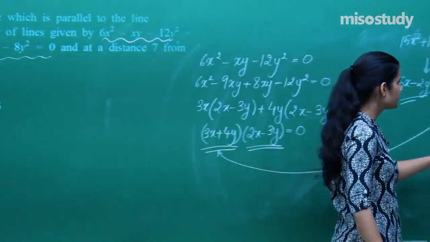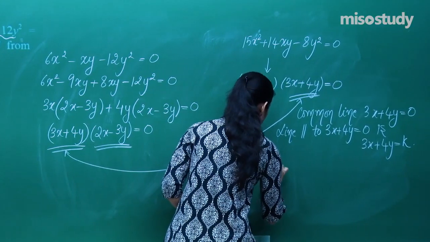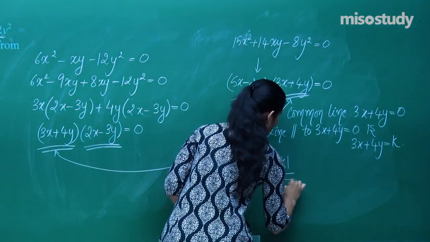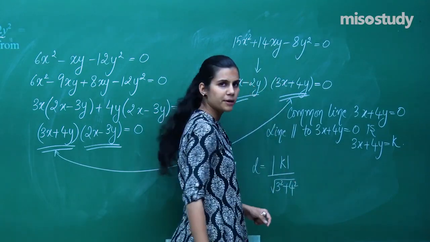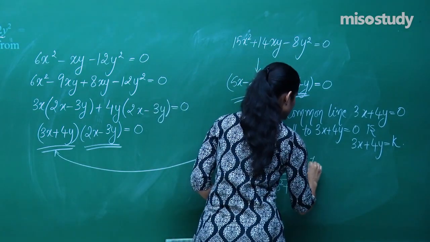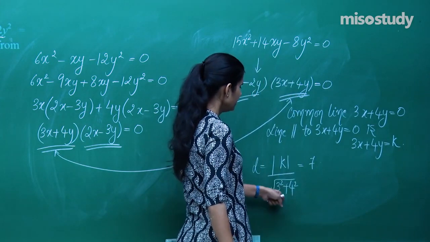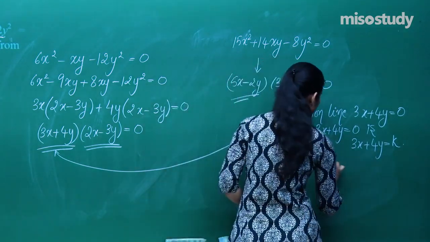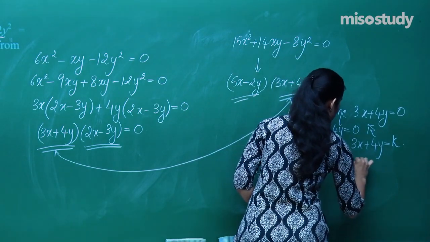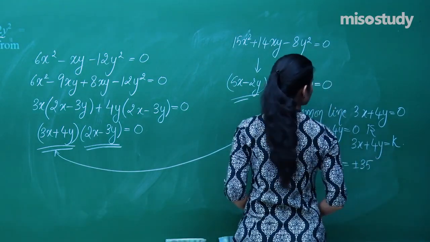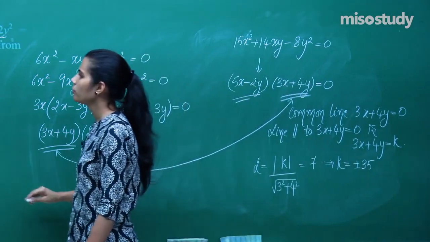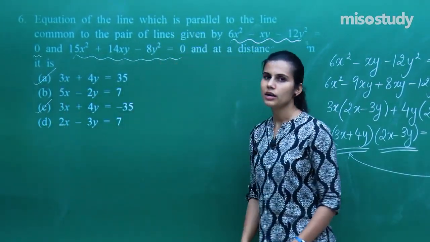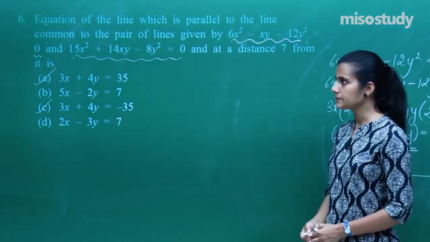The distance between these two lines is mod k upon root over 3 square plus 4 square, and the distance is given as 7. This becomes 5. 7 into 5 is 35. So k comes out to be plus minus 35. So 3x plus 4y equals 35 and 3x plus 4y equals minus 35. Both are the required equations.